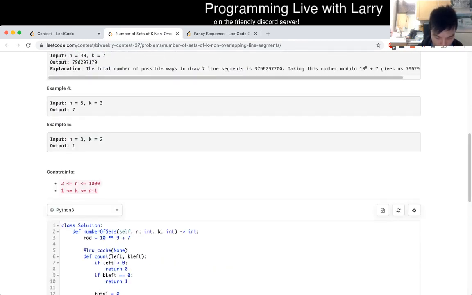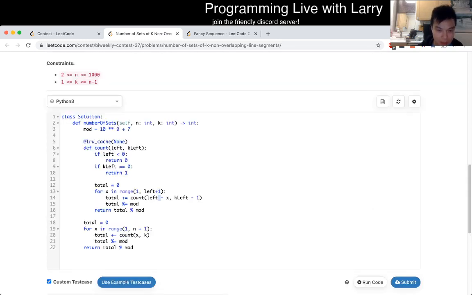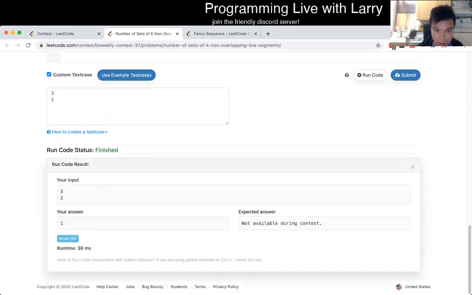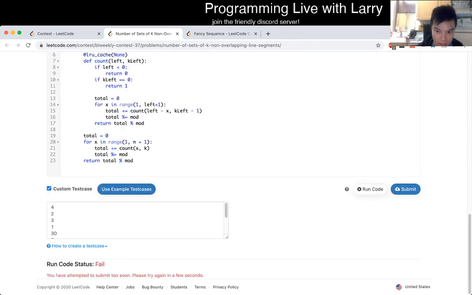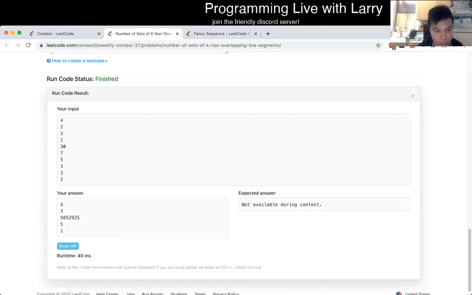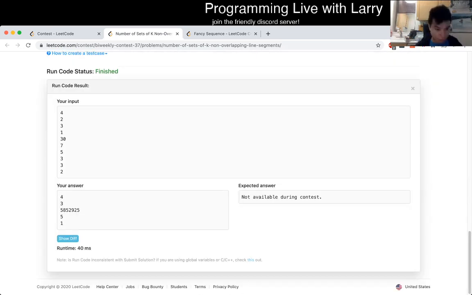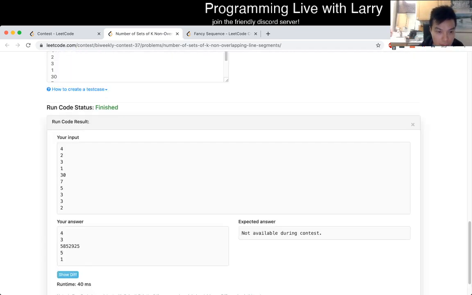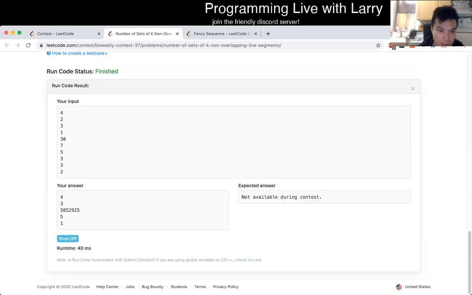This is wrong because of something as silly as that. Now I'm undercounting.